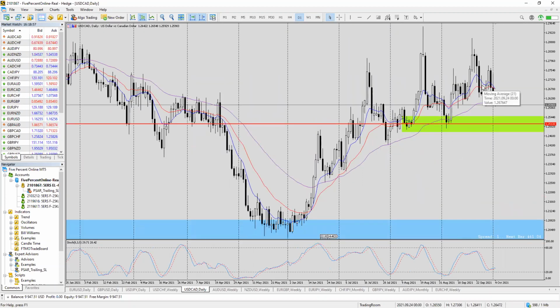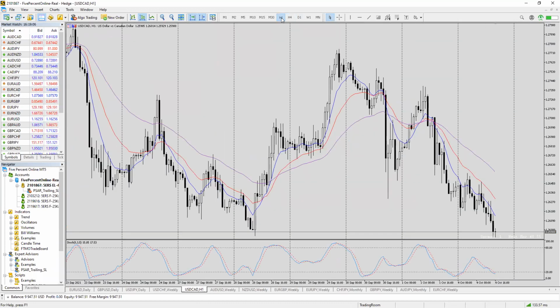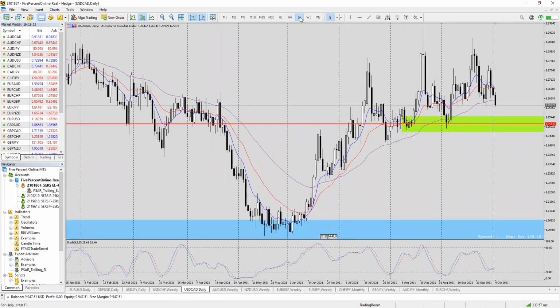Again, just like dollar Swiss and dollar yen, it's a little bit choppy. So if you're looking for better entries, look for them on the short or low time frames. Again, at the moment, there's no clear trend. Wait for areas of either demand or support, or if you're looking for reversals, reversal patterns, or areas of supply.